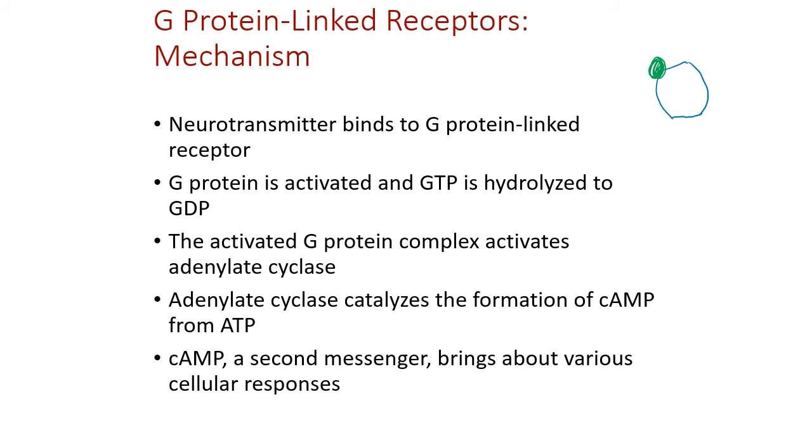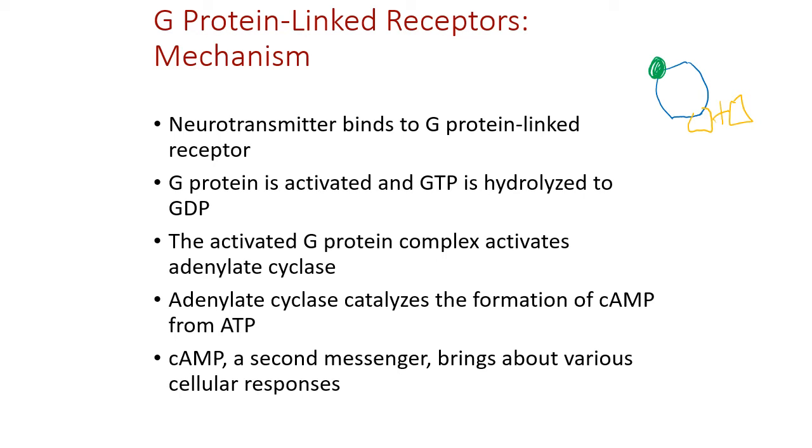It's going to initiate a series of chemical reactions. And those series of chemical reactions is going to begin with that G protein activating GTP and hydrolyzing it into GDP. So we're going to take off a phosphate group, similar to breaking down ATP.